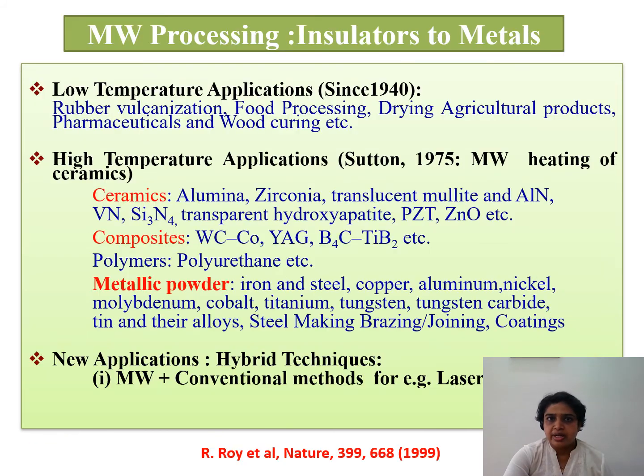So moving over, this was all about the energy efficiency. If we come to the broader spectrum of microwave processing, we can process material starting from insulators to metals. This has been in use since 1940 for different industrial applications, for example, rubber vulcanization, food processing, drying of agriculture products, pharmaceuticals and wood curing, etc. These days also they are being used for food processing and drying of agriculture products.